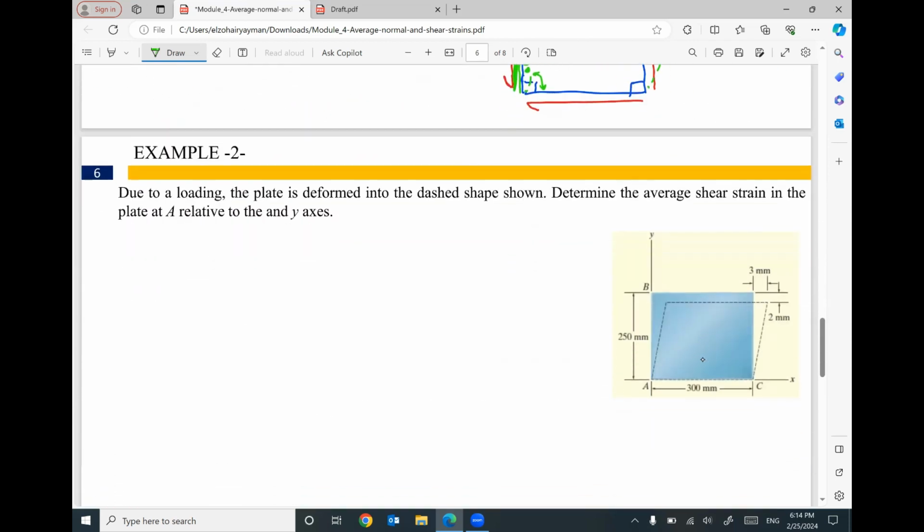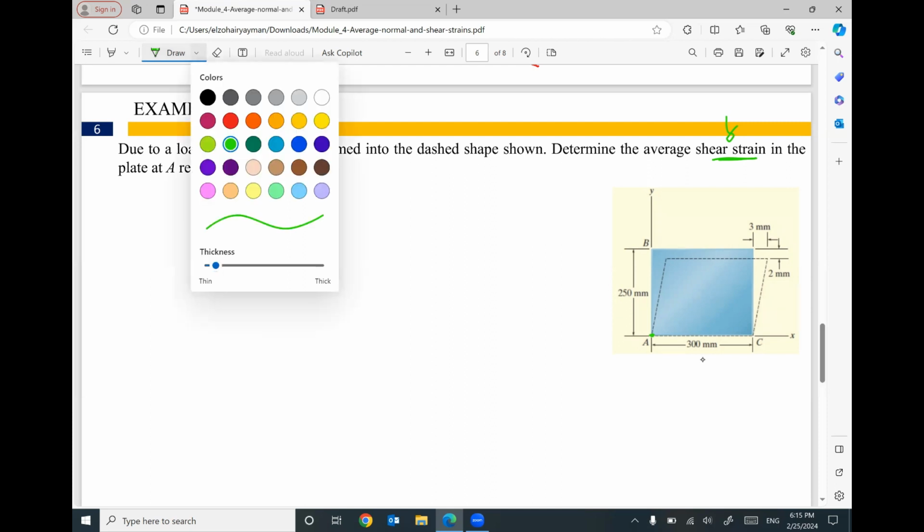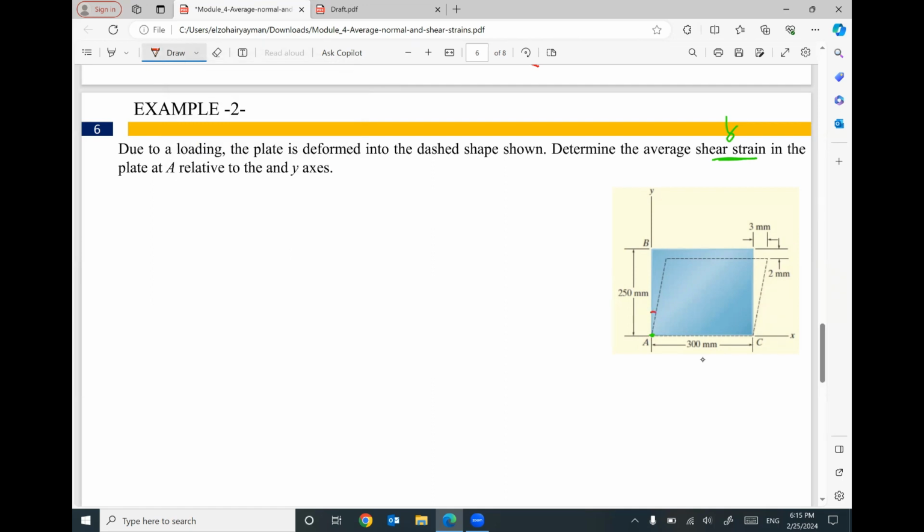That makes sense? So we have an example here. Due to the loading, we have applied shear stress. The plate is deformed into the dashed shape shown. The original shape was a rectangle with right angle corners, but after applying the shear stress, we have deformation with the dashed line. Determine the average shear strain gamma in the plate at corner A. Keep in mind the original angle was a right angle, but after deformation, we have this change.